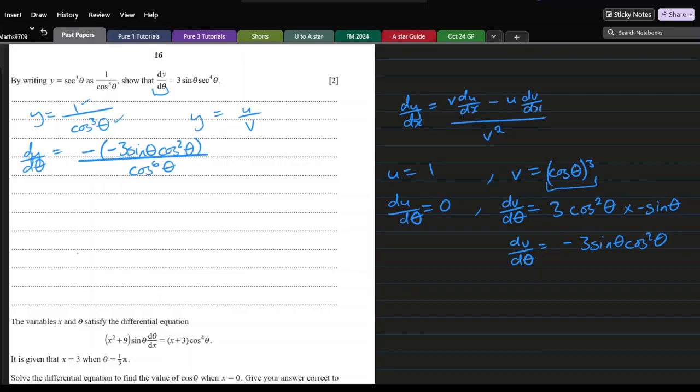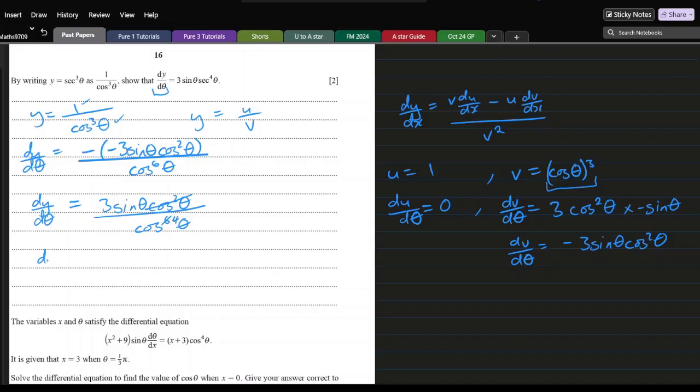Alright, so let's simplify what we have here. dy d theta is equal to negative becomes a positive, so 3 sine theta cos squared theta over cos to the 6th theta. So that cos squared theta gets cancelled out, and let's subtract 2 from here. We end up with cos to the 4 theta.